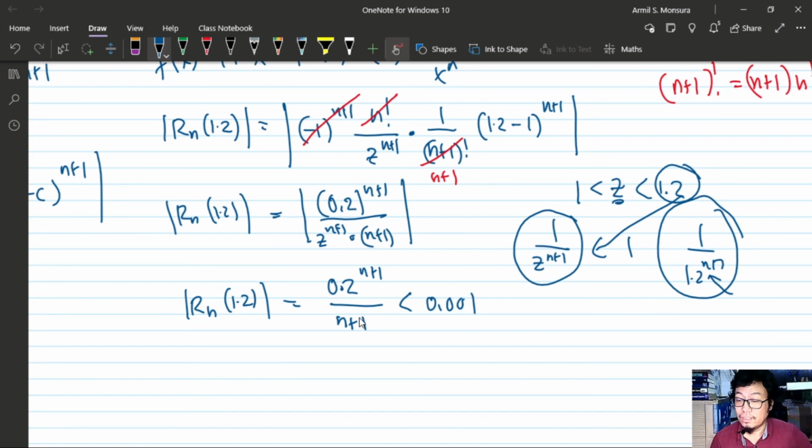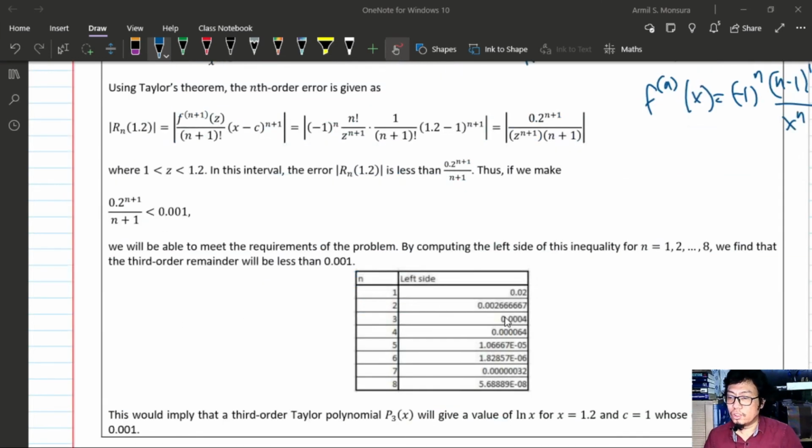Since it would be tough to solve this by hand, we can just use trial and error. So we can tabulate the value of n and when this ratio would become less than 0.001. So here is that table.